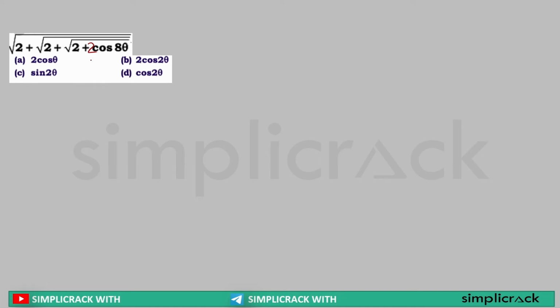Now, if the question is written like this, I simply have to find it out. I'm not writing the first 3 terms, okay? I'm just taking square root of 2 plus 2 cos 8 theta. If I take 2 common over here, it will be 1 plus cos 8 theta. I know if it is written as cos 2 theta, it can be written as 2 cos square theta minus 1.